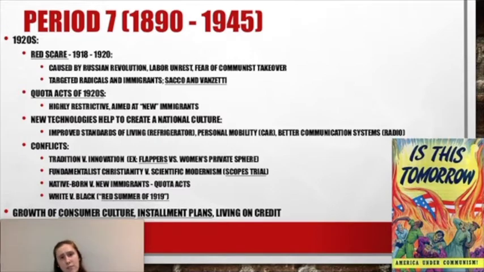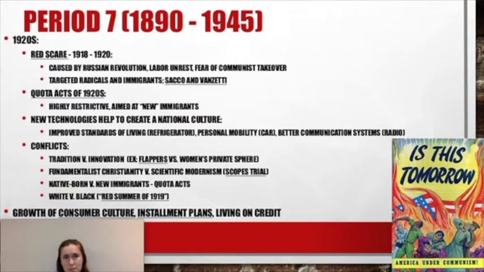And there was a lot of evidence to prove that they are innocent. However, because of the prejudice, because of the Red Scare and the fear during this time period, these Italian immigrants are eventually going to be put to death. And you can really look at the main cause of that being the Red Scare.